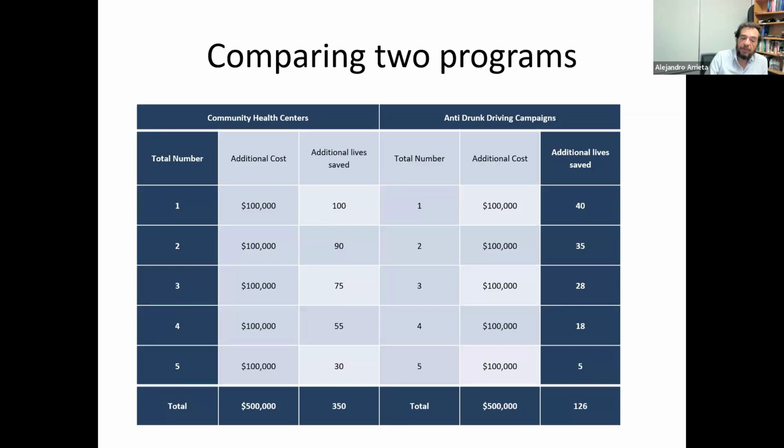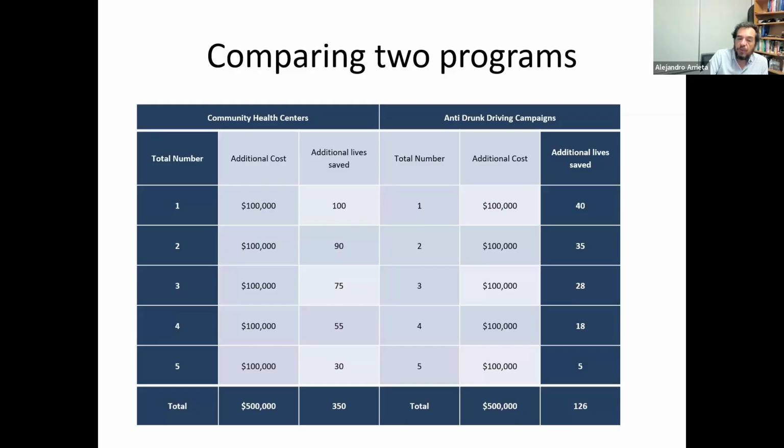A third one will still be good, but it will produce less, 75 lives saved. And the fourth, 55. Finally, in this example, building community health center number 5, which costs $100,000, will save 30 lives.